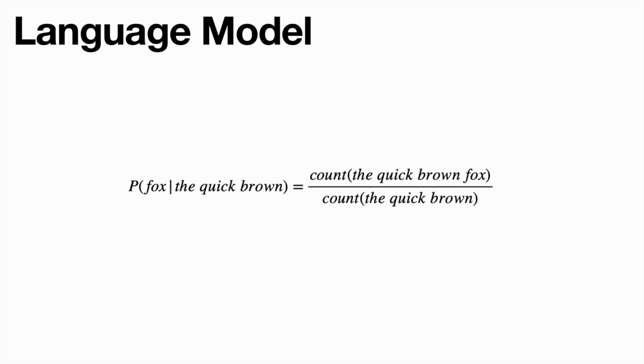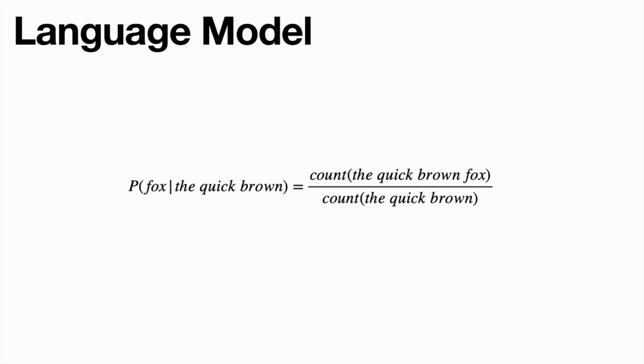Now, how do we calculate the probability? I'm just giving a basic intuition here. This is not how language models work, but let's say we have generated "the quick brown". Then what's the probability of the next word being fox? So P of fox, given that we have already generated "the quick brown". How do we calculate that? Initially we have a training data set.